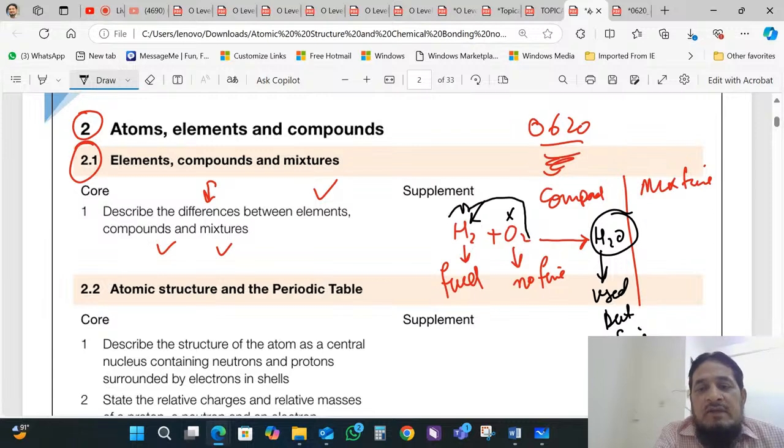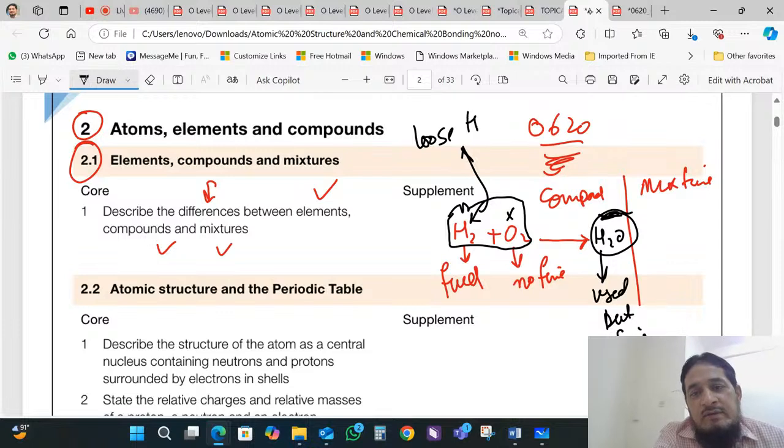So water doesn't have the properties of hydrogen or oxygen. When the elements react to produce a compound, they lose their properties.